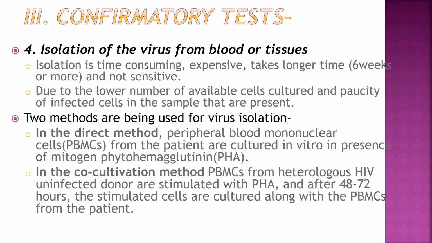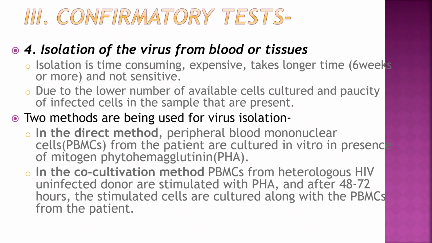In confirmatory tests, fourth is isolation of virus from blood or tissue. Isolation is time consuming, expensive, takes a longer time, 6 weeks or more, and is not sensitive, due to the lower number of available cells cultured and paucity of infected cells in the sample. Two methods are used for virus isolation: indirect method and co-cultivation method.